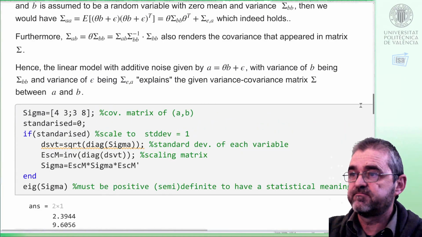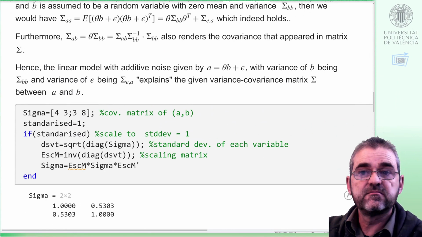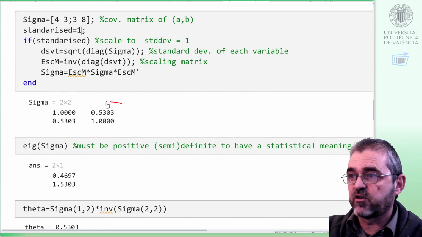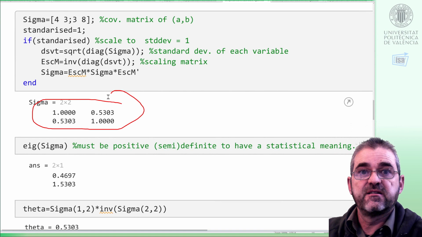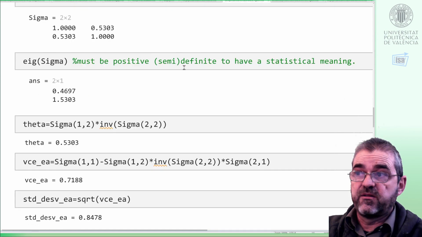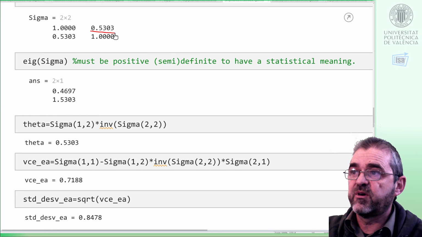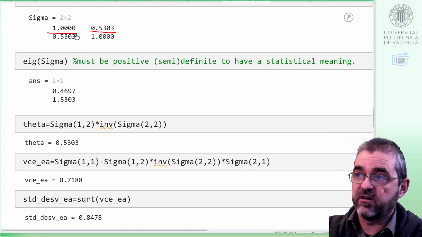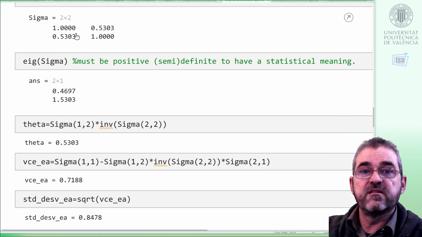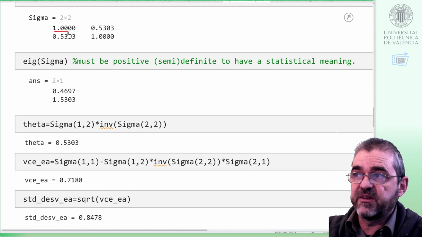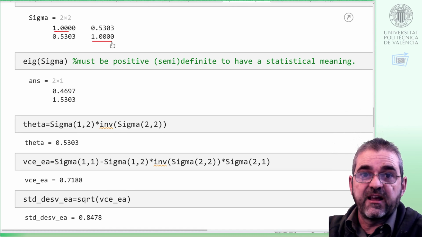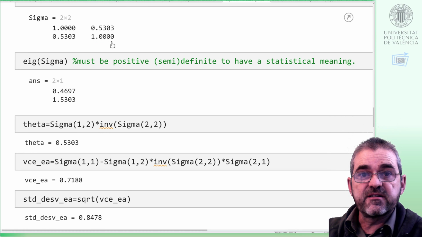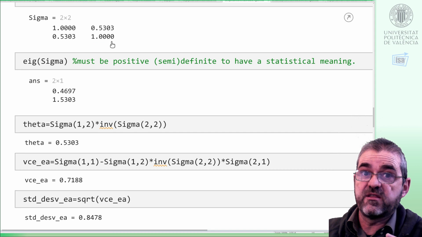Just as a last observation, if I standardize my variables, so that variables in original units are transformed to standardized unit-variance variables, then the best linear prediction would be 0.5 divided by 1, either predicting one variable or the other, because when dividing by the variance of the input variable, it will be 1 regardless of whether we choose A or B. So in standardized variables, the coefficients of both models are the same, not one the inverse of the other.